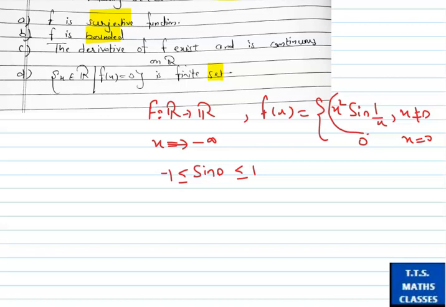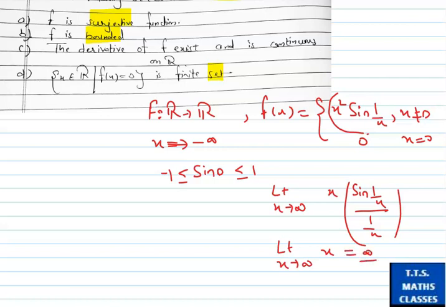When we put infinity here, it becomes the limit as x approaches infinity of x · sin(1/x)/(1/x), and that becomes 1 as x approaches infinity. So the function that is left is only x. It means it is infinity, so the function is unbounded, but according to the second option the function is bounded, which means it is wrong.